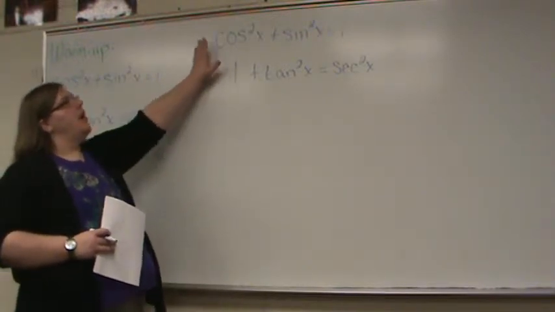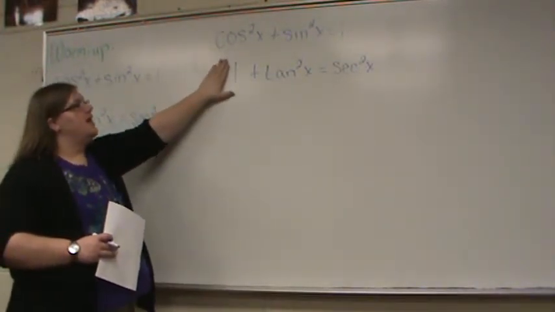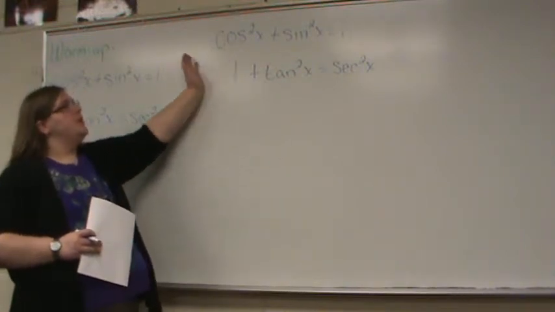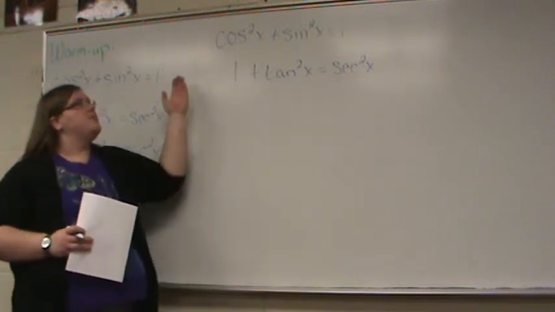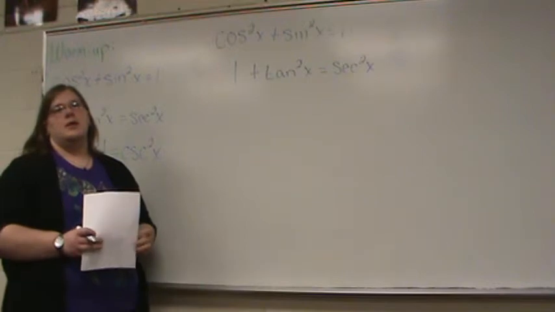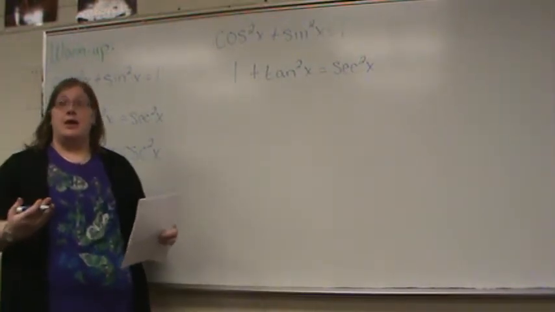So if we want to go from this first equation to our second equation, we're going to have to do something to our first equation. We're going to have to perform some sort of operation. And we're only going to do one thing.